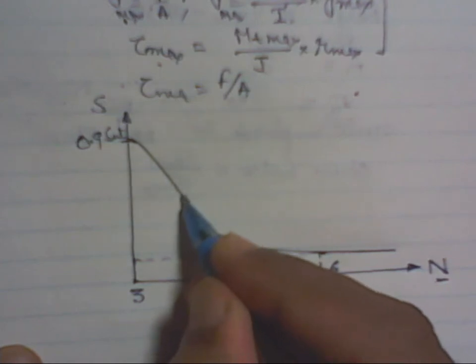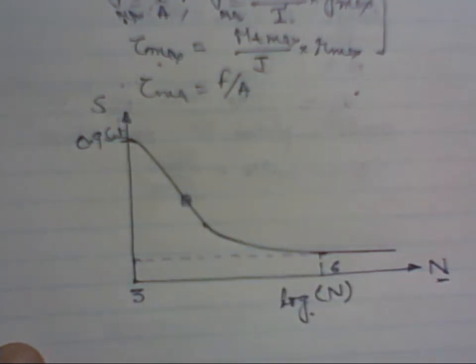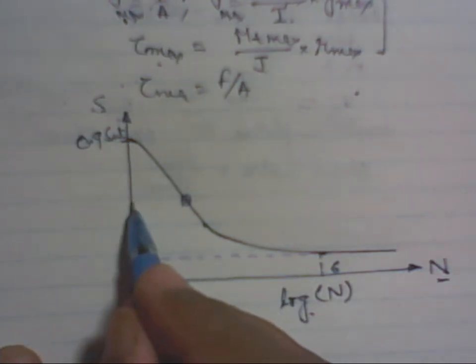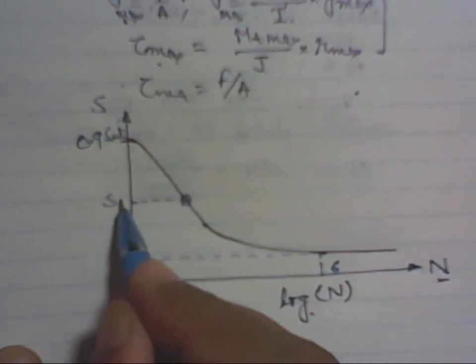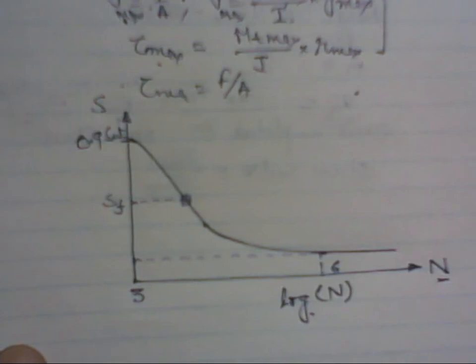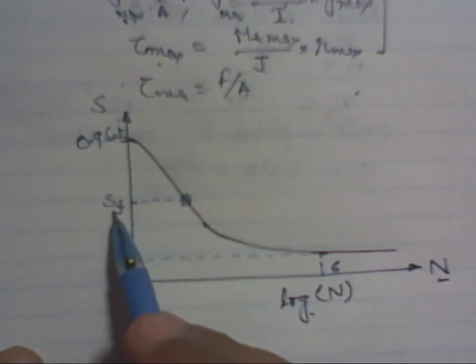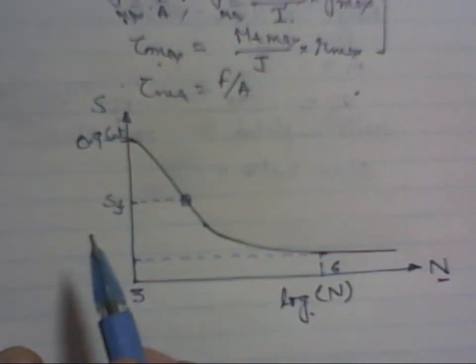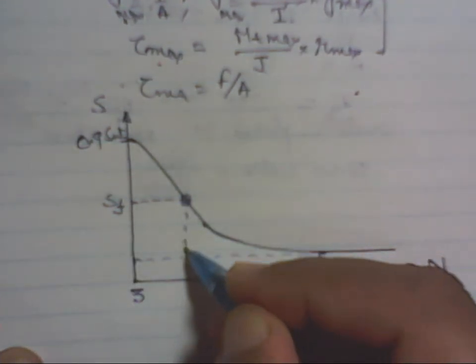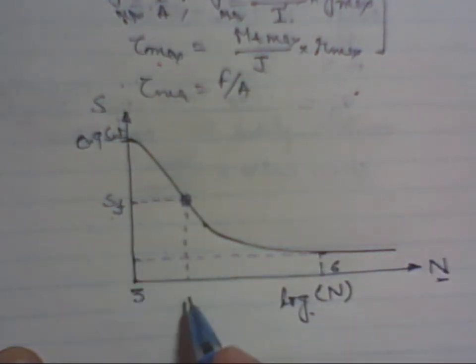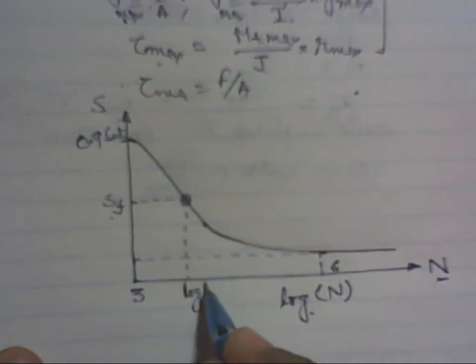So if we have this point that we have marked here, which we have obtained experimentally, this point represents that the component is loaded such that the stress induced here is SF, and if it is loaded with stress F dash, then this value is log of n.